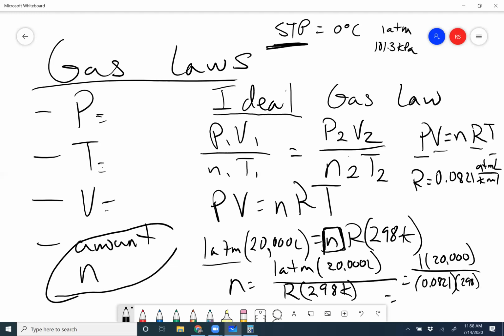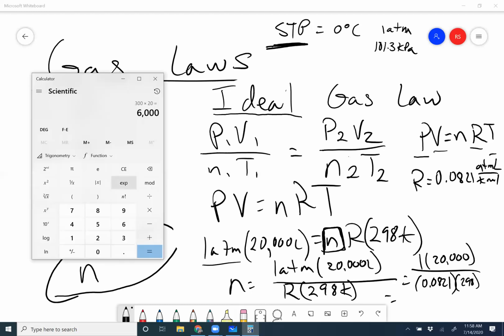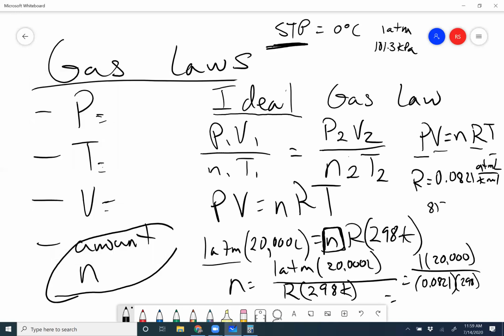So let's plug it in. So 20,000, because 1 times 20,000, we don't have to do that. And then we're going to divide that, and we got to use parentheses here, 0.0821, and then times that by 298. We have 817.5 moles of air.